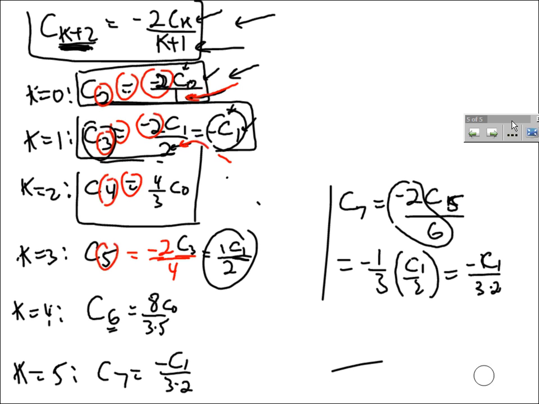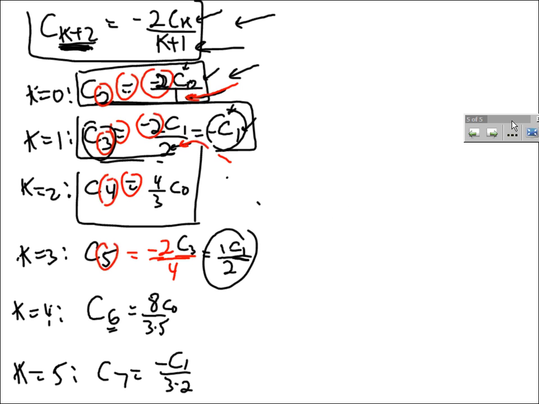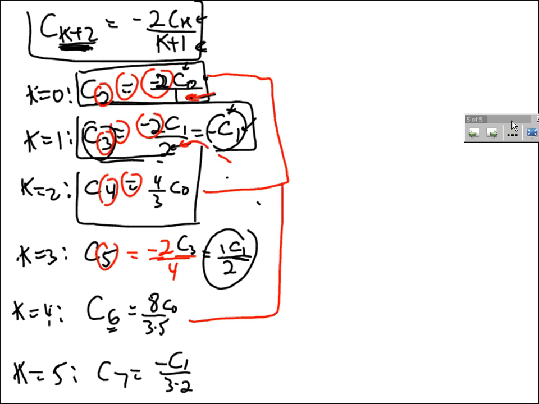Now, let's see if we have a pattern. What I notice is that every other term either has C1 and the other term has C0. For example, take C2, C4, C6, they all have C sub 0.